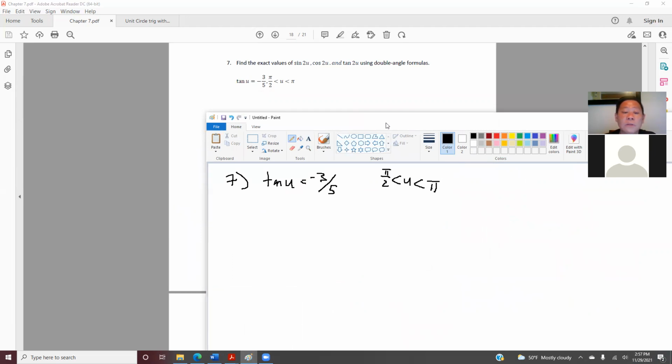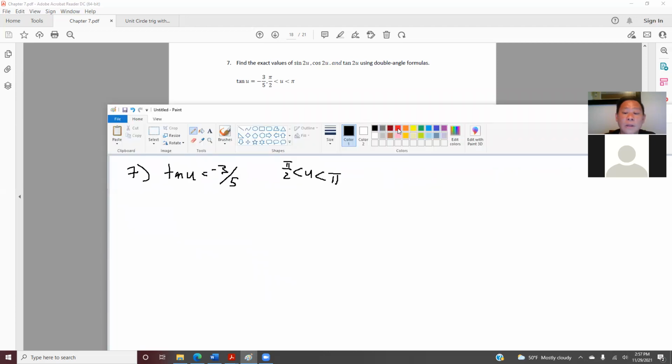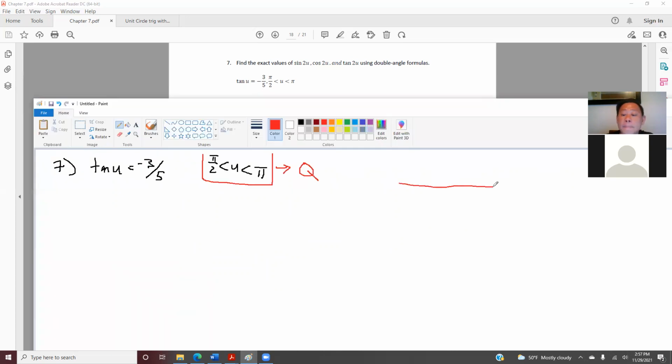So the first thing you need to tell me here is, by looking at this u, what quadrant does it belong to?